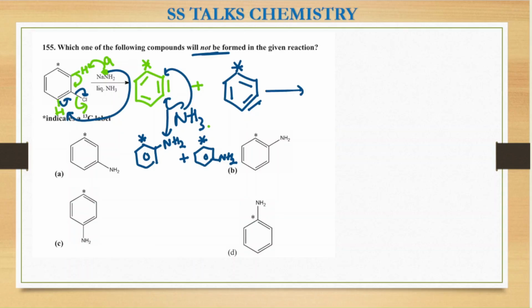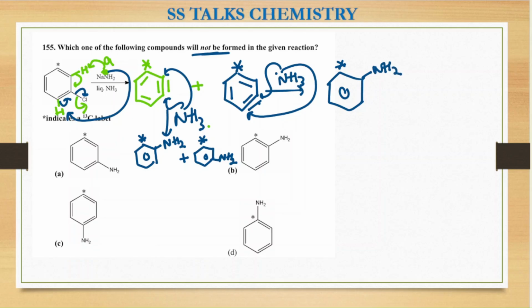Whereas in the other benzyne species that we have drawn, this NH3 can attack at the meta position, or it will be attacking at the para position to the isotopically labeled carbon atom. So this species we are going to get at the meta position, this one, and along with that at the para position. So these are the products that we can expect from the given reaction.